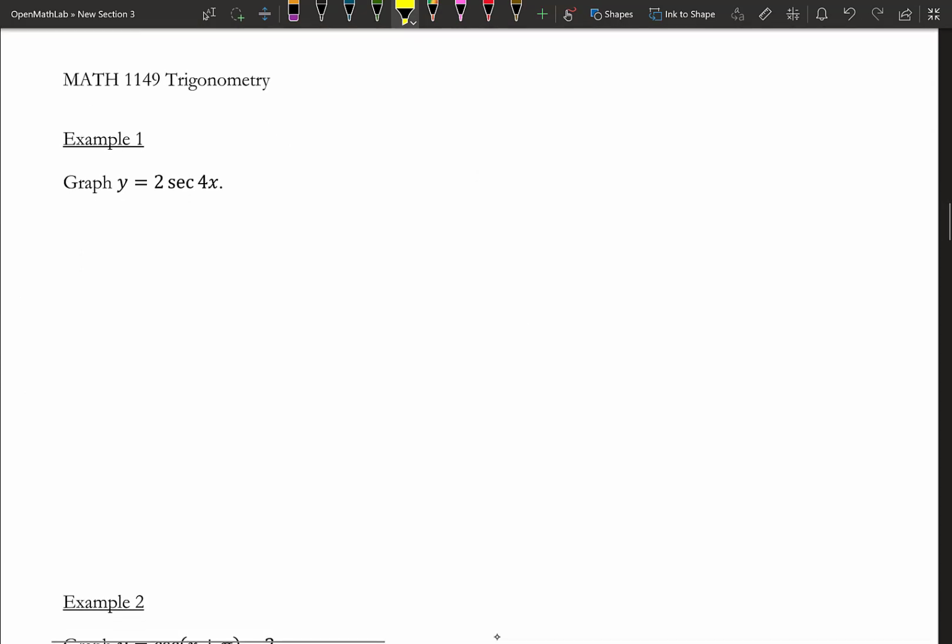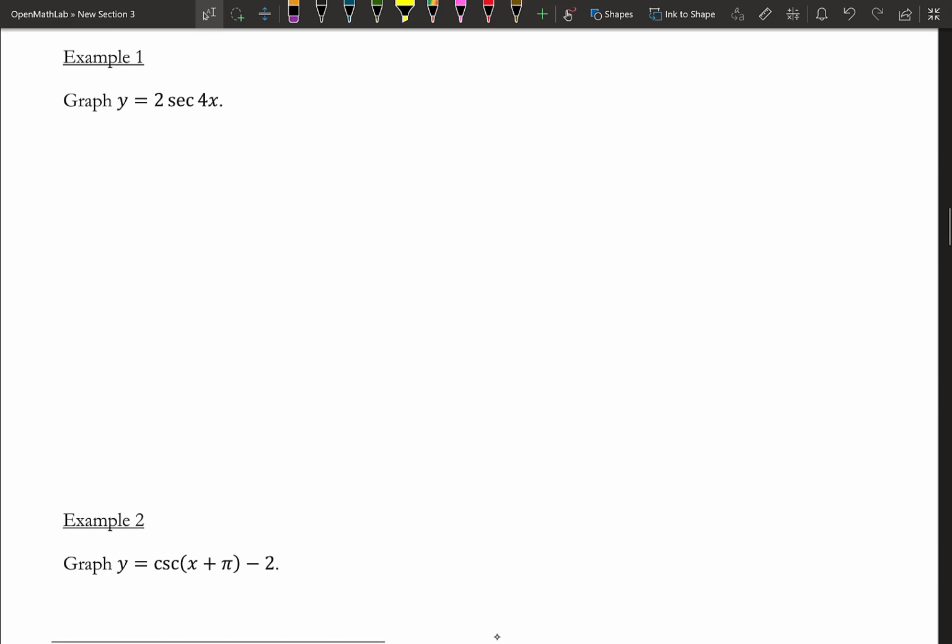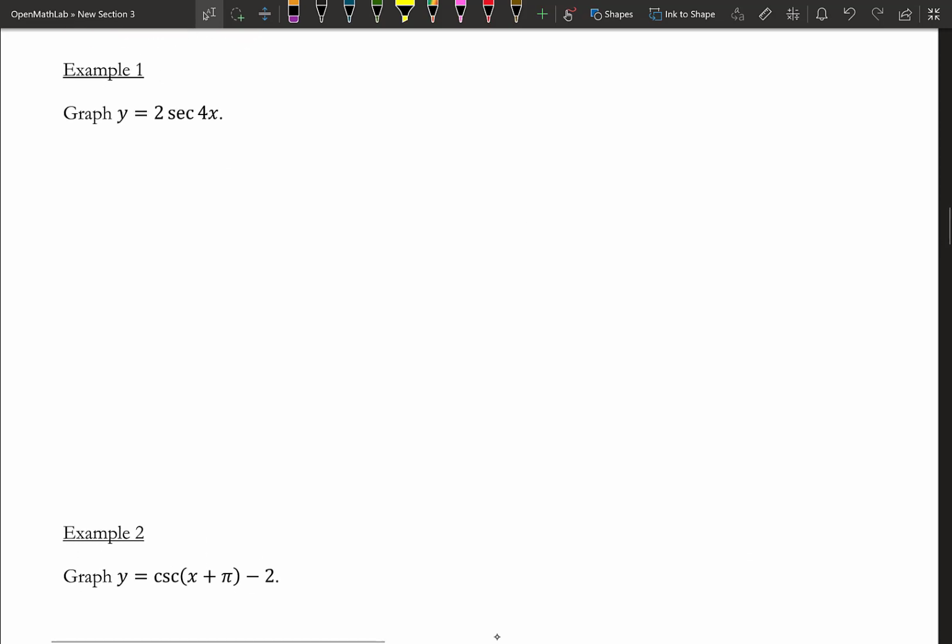All right, so now I have some examples to practice graphing secant and cosecant functions. With example 1, we want to graph y equals 2 secant of 4x.